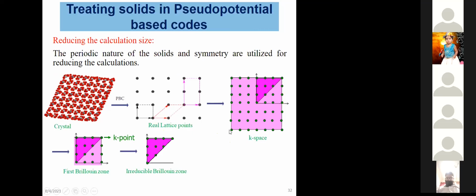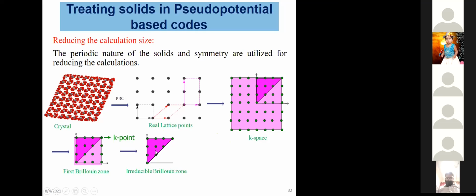And in the reciprocal space, we will have k space, or k points for our lattice. If you look at the k points, there will be some symmetry, because every crystal has some kind of symmetry, and we can reduce the whole k space to the irreducible Brillouin zone, which will be a small fraction of our complete k space, and we will do our computation only in the irreducible Brillouin zone, that is this part.